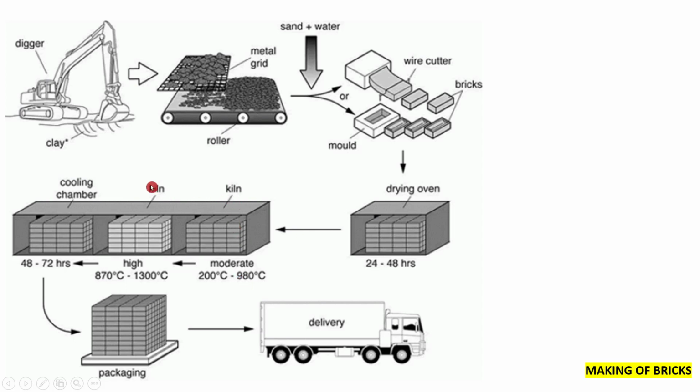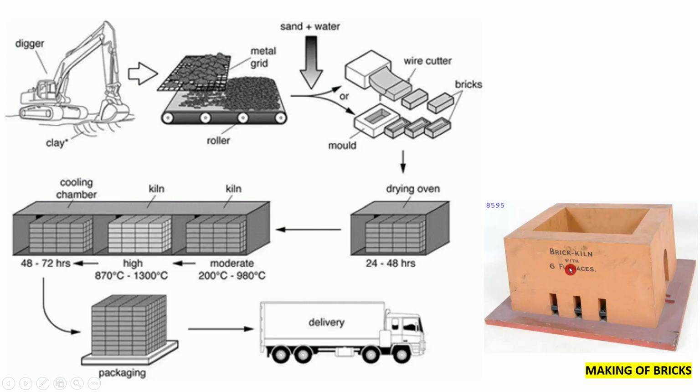Then it is passed to the next kiln, or the temperature is increased from 200 to 870. So the bricks are highly burnt, and then it is allowed to cool for say 48 hours. That means 2 days. After this, the obtained brick is packaged and ready for delivery.